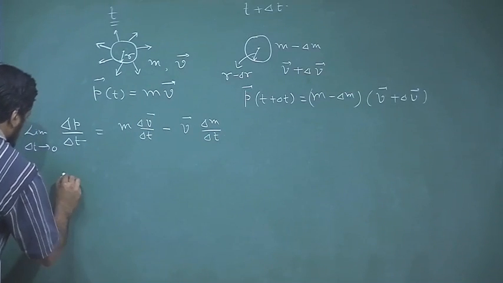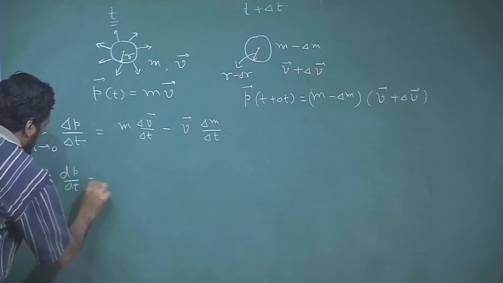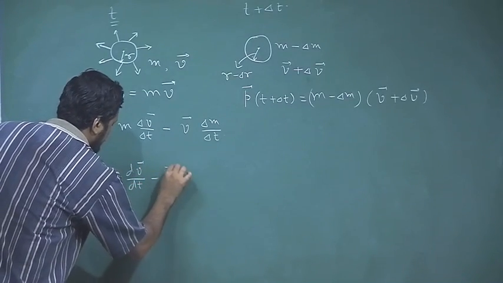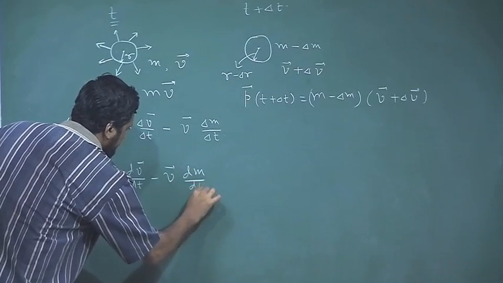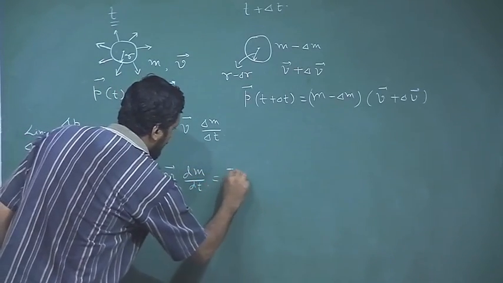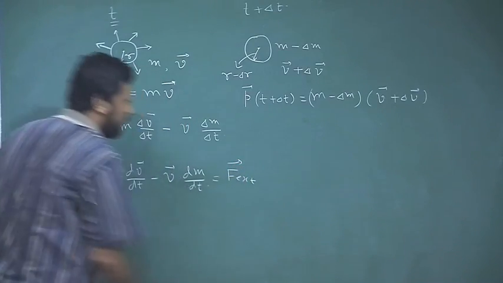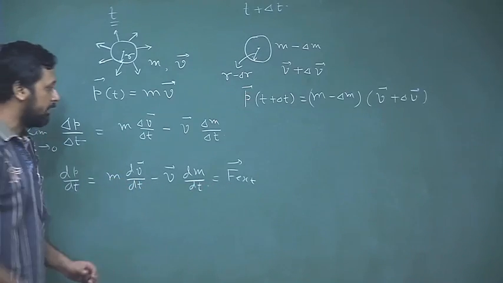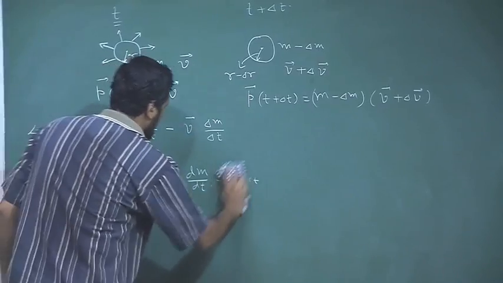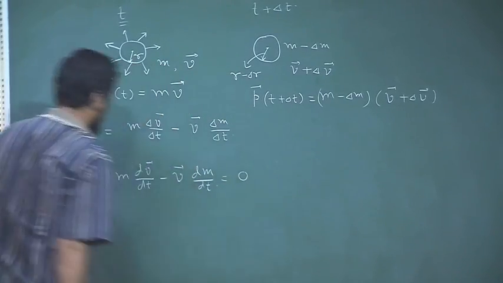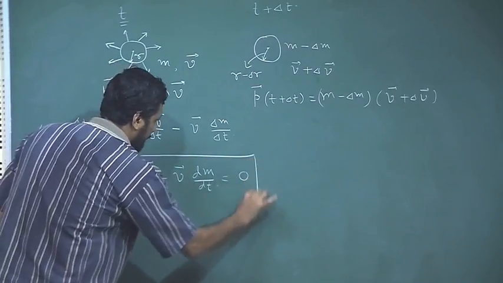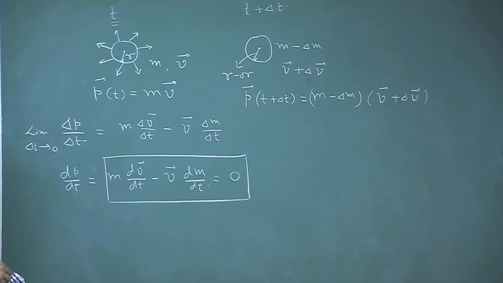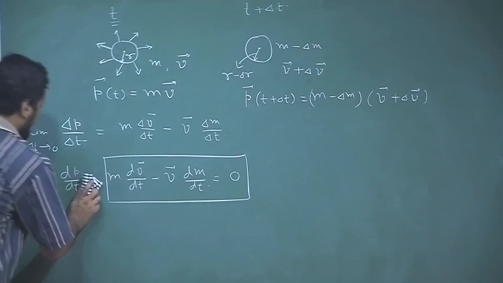In differential notation this is simply m dv/dt minus v dm/dt, which is equal to F external according to Newton's second law. But because in our case there is no external force on this particle, we can simply put a 0 here. So essentially the equation we will be working on is this.